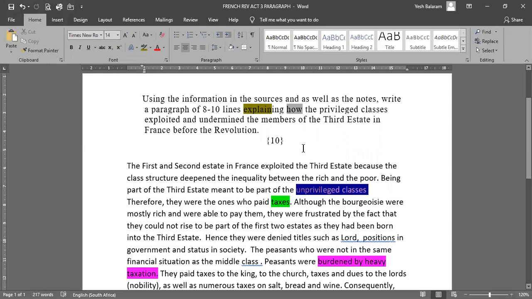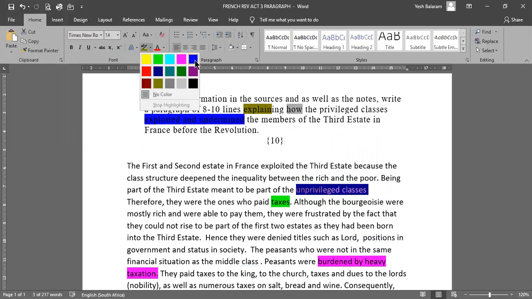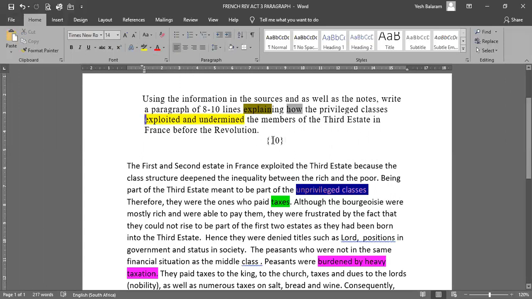You're going to tell me more about how, that's the next keyword, how the privileged classes exploited and undermined the members of the Third Estate. So there are a few words here. Explain, you're going to tell me more.